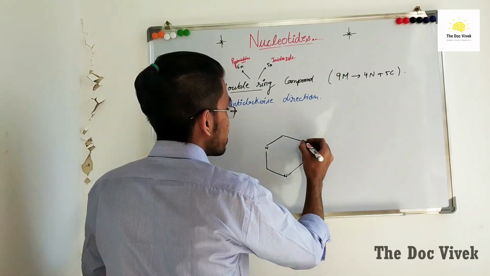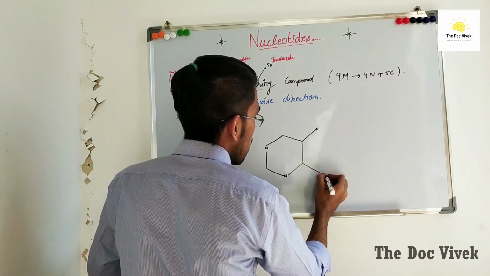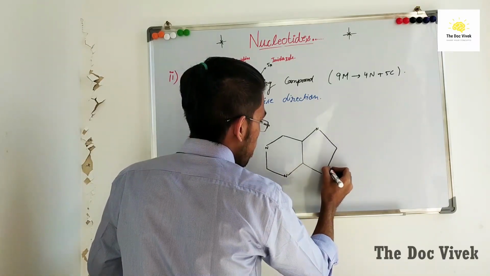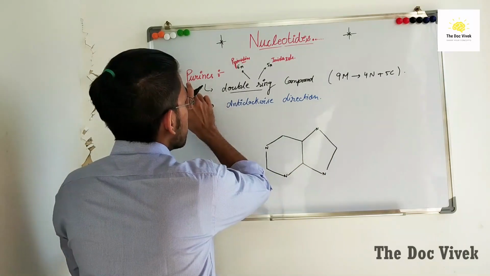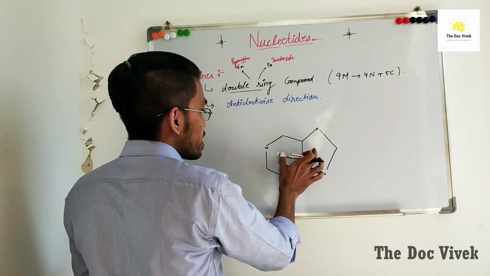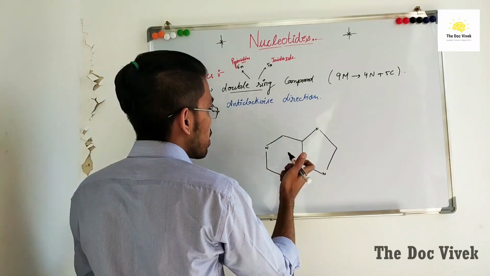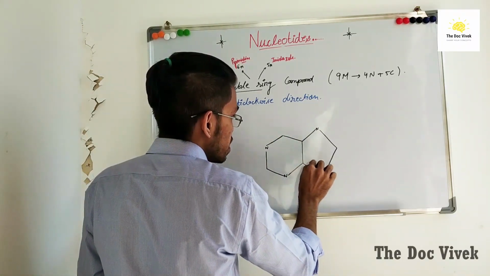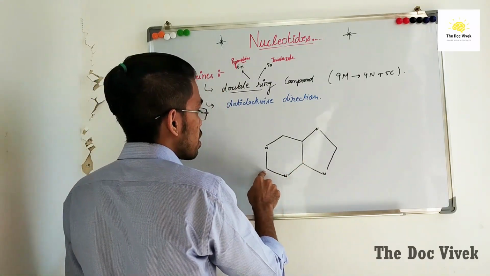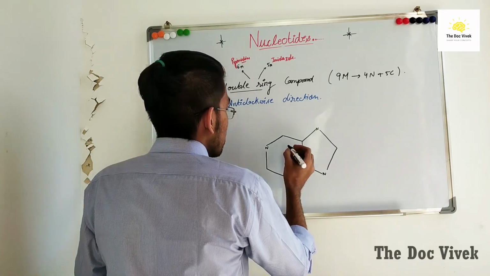See, purines comprise two rings, a double ring compound which contains 9 members: 5 carbon and 4 nitrogen.